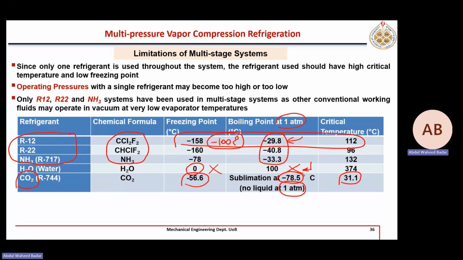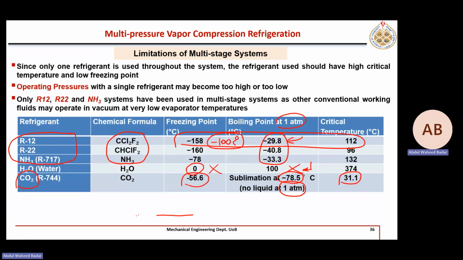Okay. So for example, if you want to use a system where I want -100. Okay, let me say not -100. I'm using the same example.